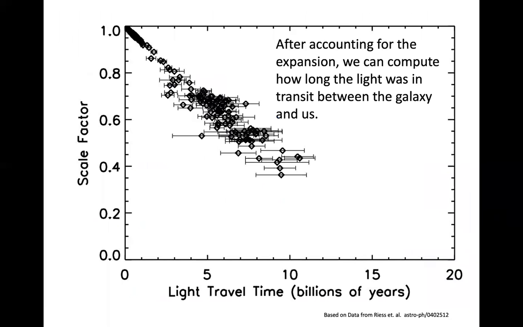But you can do that math, or people who are clever can do that math, and make a plot like this, which shows what the scale factor is as a function of the amount of time the light would have taken to get to us. And you can see it's kind of a straight line. So over time, the universe has expanded. 10 billion years ago, the average distance between galaxies was about half of what it is today. And this obviously raises the question, how far down does this go?